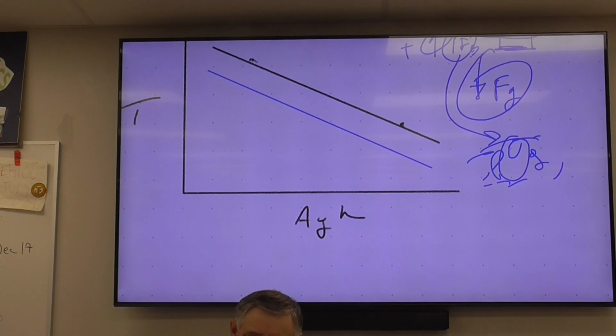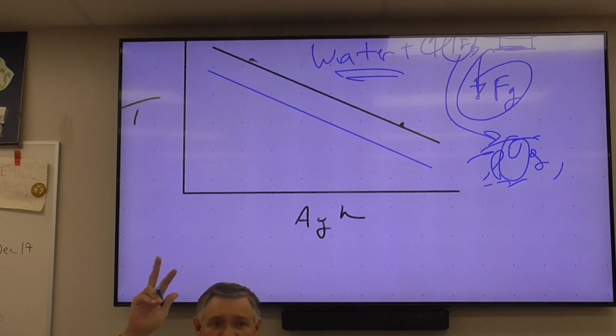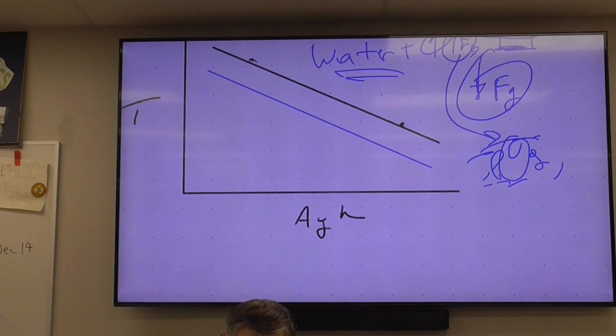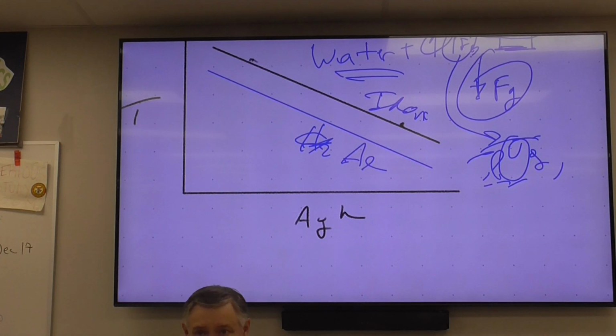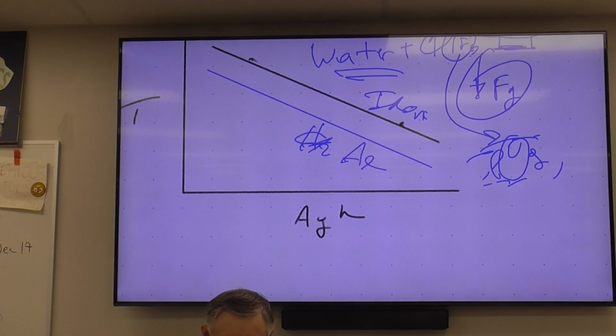You can do this two different ways. You could put the aluminum and the iron slopes on the same graph, with the water line, here would be your iron slope, and this would be your aluminum slope. Put them both on the same graph.